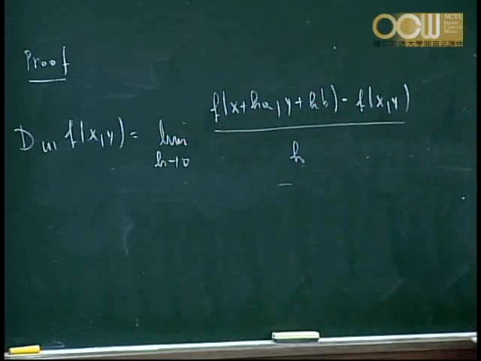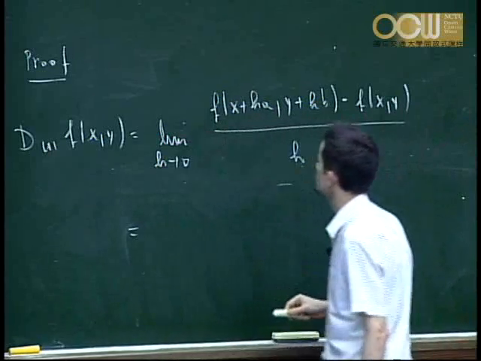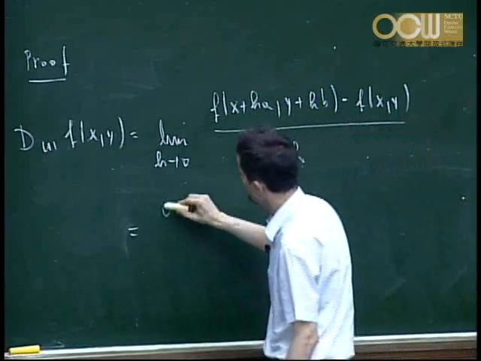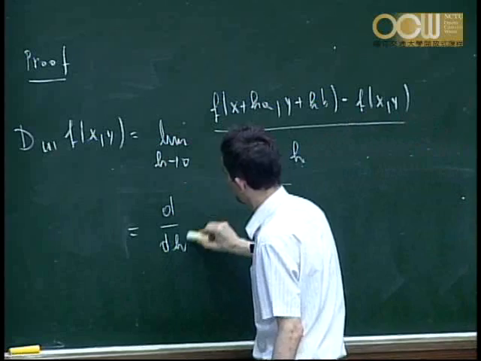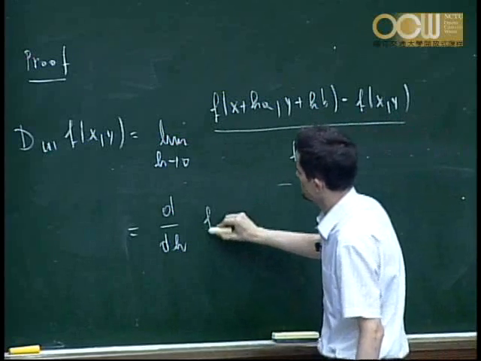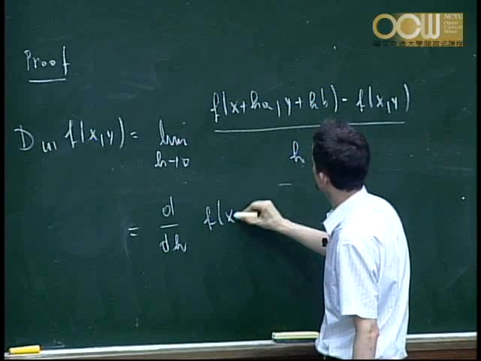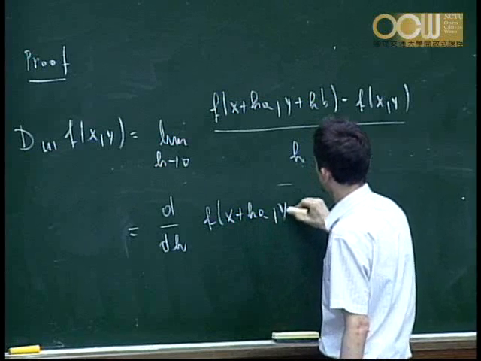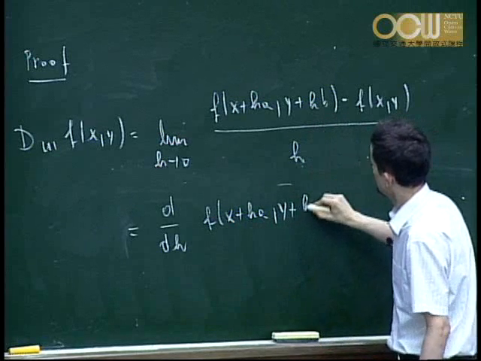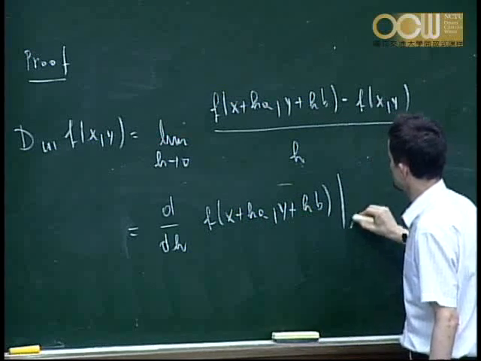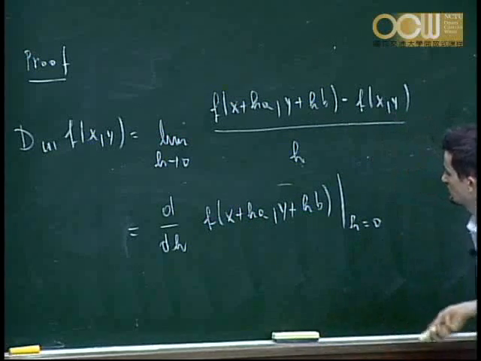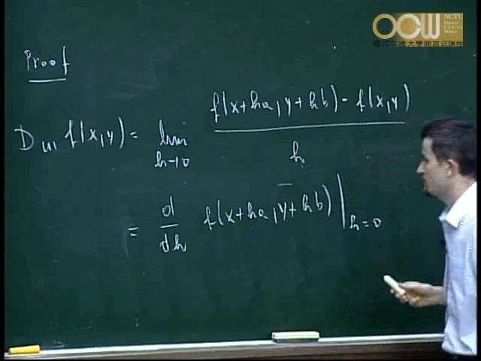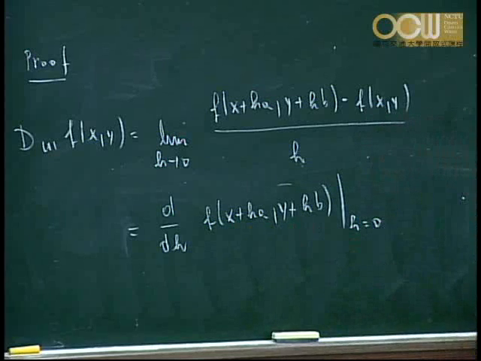So actually what you do is you look at the derivative of the function f at x plus ha, y plus hb at h equal to 0, where x and y are now given constants.